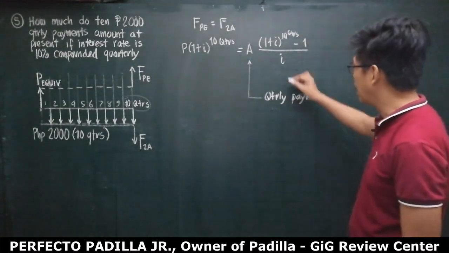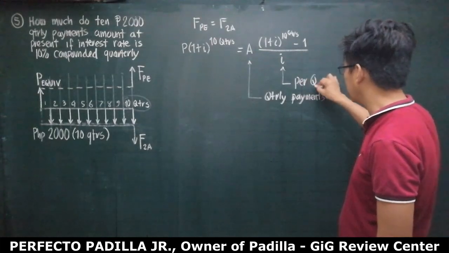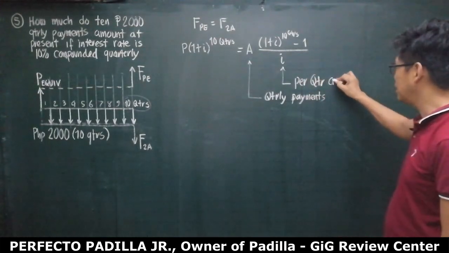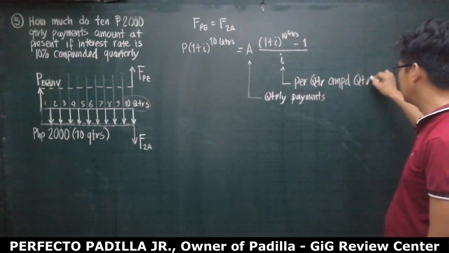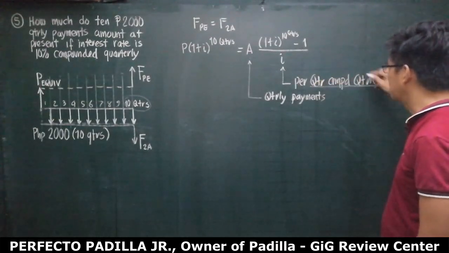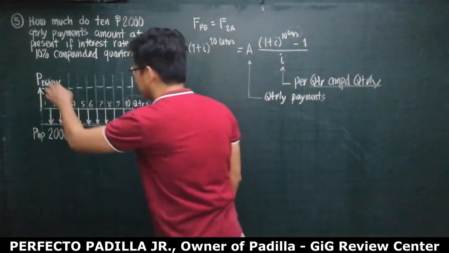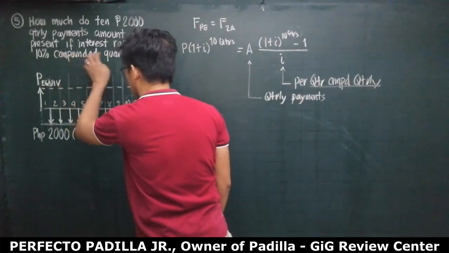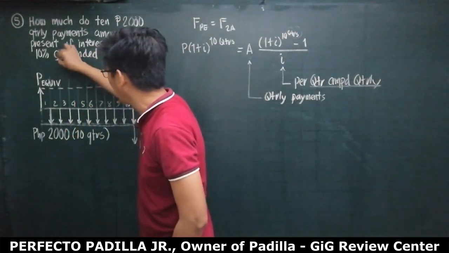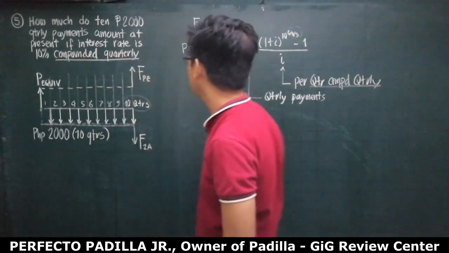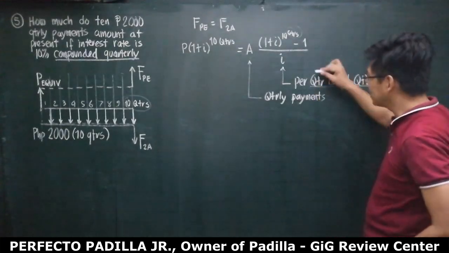So our i must be per quarter compounded quarterly, and our n must be in quarters. But our i is 10% compounded quarterly. We have no problem with the compounding period, because it is already quarterly.